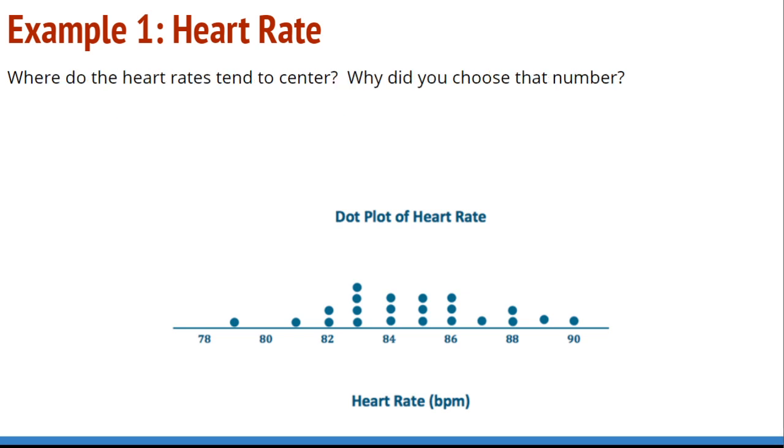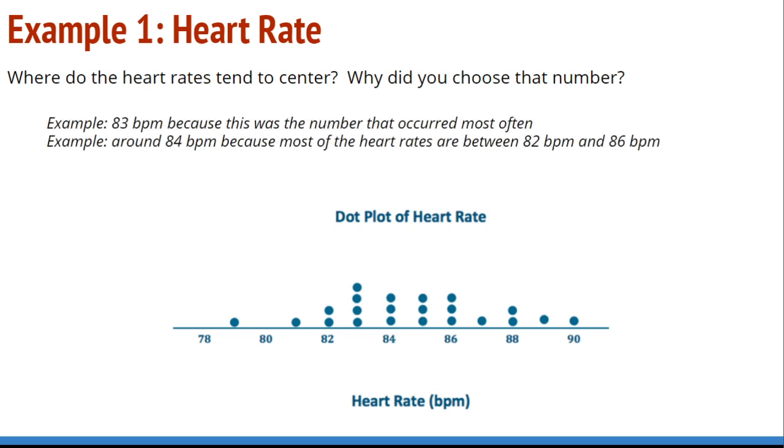The second question is, what about the center? How would you describe the center of this data set? Well, 83 is kind of like the center because it's the spot that came up the most. It is the number or response that came up more than any other number, and we'll talk about that a little bit later.